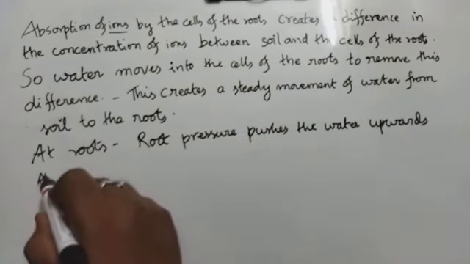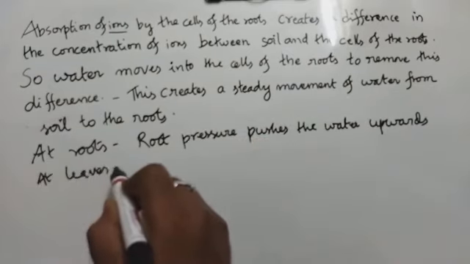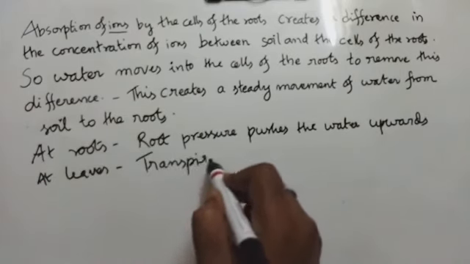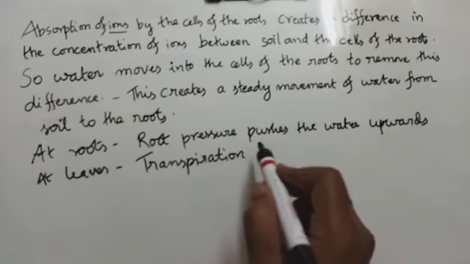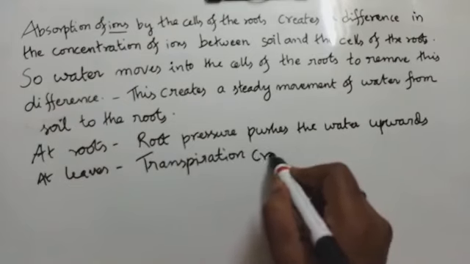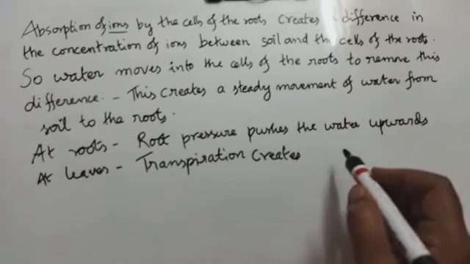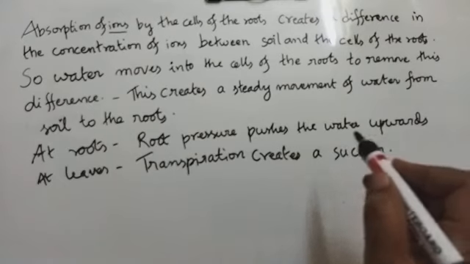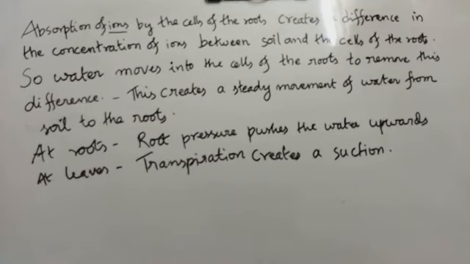At leaves, transpiration creates a suction. So both root pressure and transpiration make the water move upward. How are they going to operate together in detail? We will learn in the next class. Thank you.